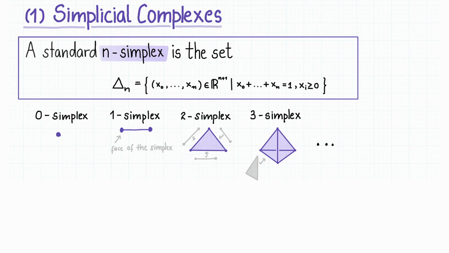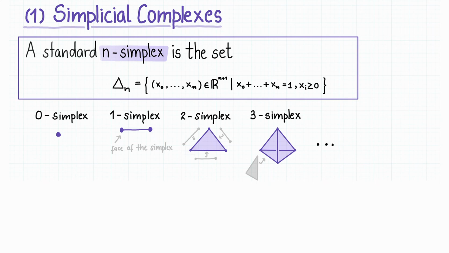These are the building blocks that I was talking about, these standard n simplices. If you unwind the definition for some lower n, for 0 you get a point, a 1 simplex is a line with 2 points on the boundary, and a 2 simplex is a triangle.